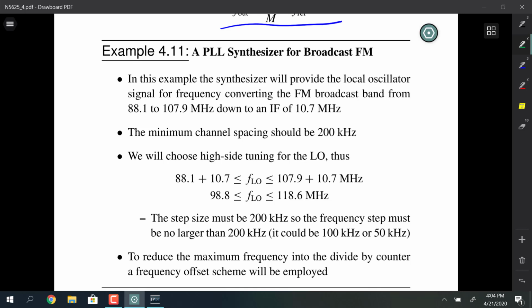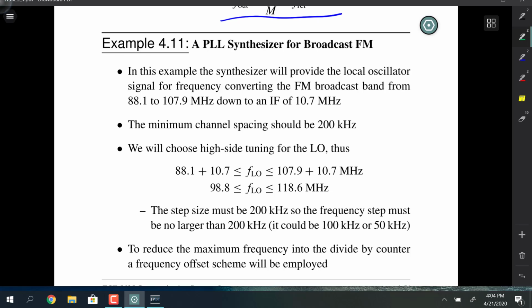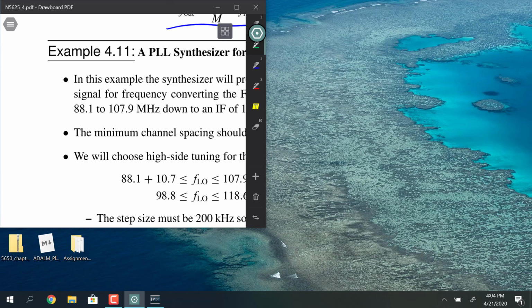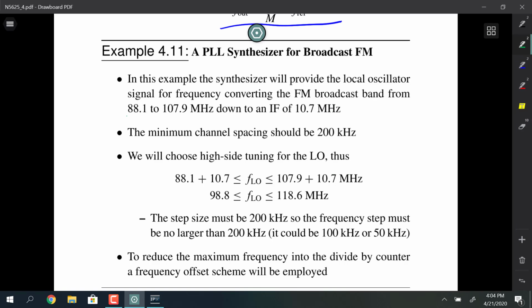So here's how you might put something like that together. You want to provide a local oscillator signal for converting the FM broadcast band, which runs from 88 to 107.9 megahertz, and translate that band down to 10.7. So we have to pick either high side or low side tuning, and we also have to take into account that the minimum channel spacing in FM broadcasting is 200 kilohertz.